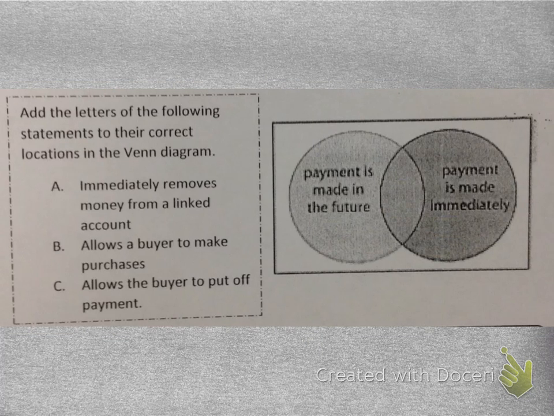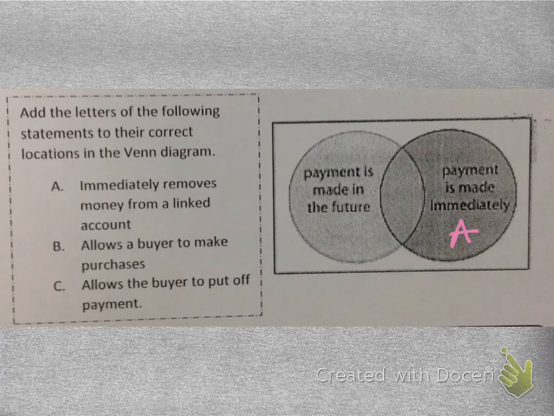Here we're going to differentiate between the two, and we're going to add the letters of the following statements to their correct locations in the Venn diagram. So we have payment is made in the future and payment is made immediately. A is immediately removes money from a linked account. Is that going to pay in the future or is it immediately? Well, it said immediately, so we're going to put an A in this part.